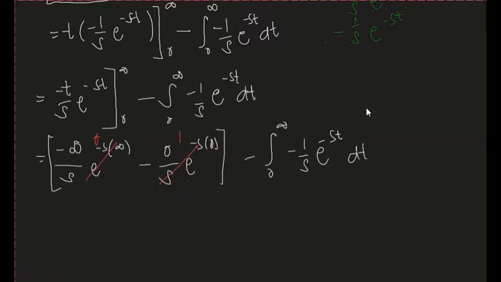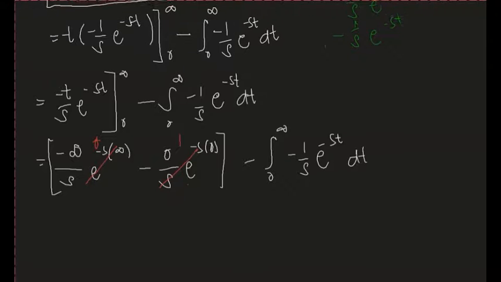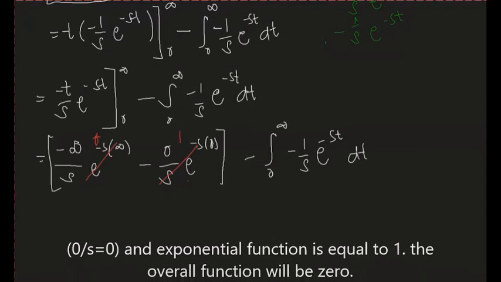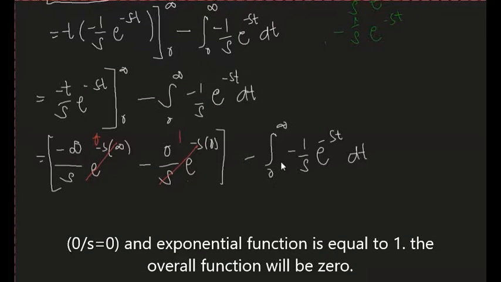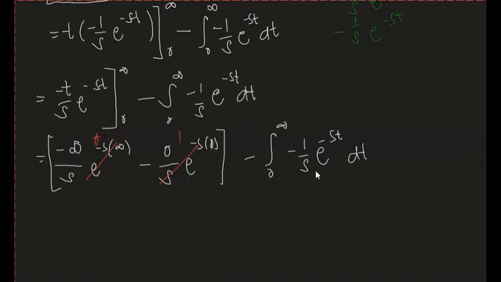Okay, so we have, let's perform our integration on the other part of our equation. So we have, this is equal to, we can take out our negative 1 over s.